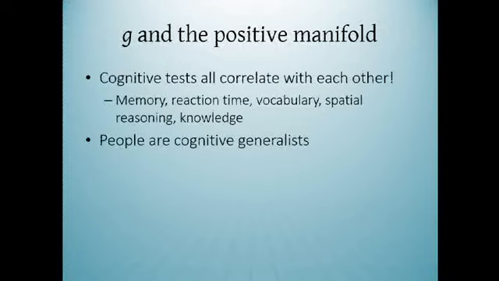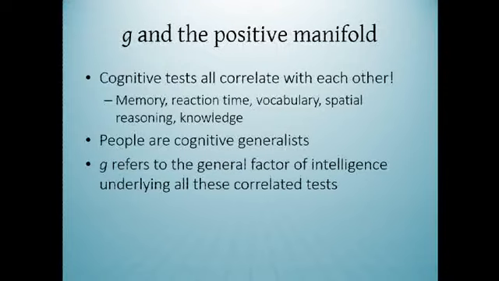And so that means, class, that you can assess how good people are at all these cognitive tests by extracting the common factor underlying all these tests. We call that factor G for general. And in selection settings, we refer to G as general mental ability.